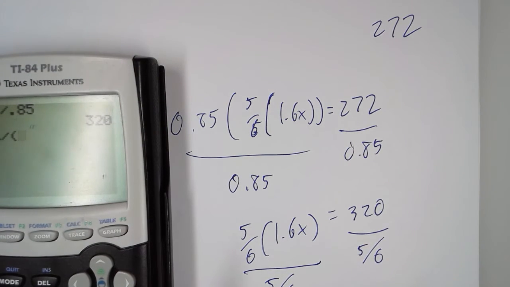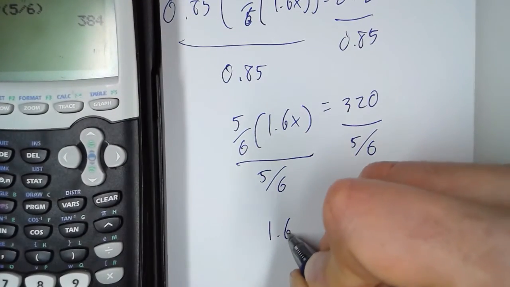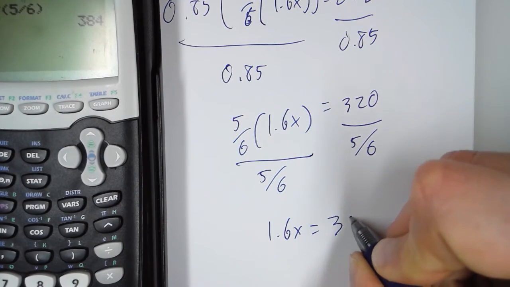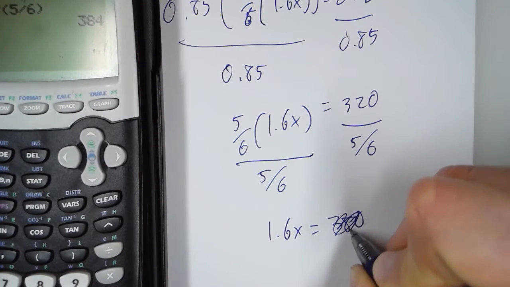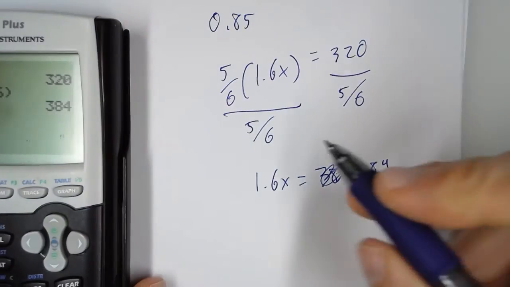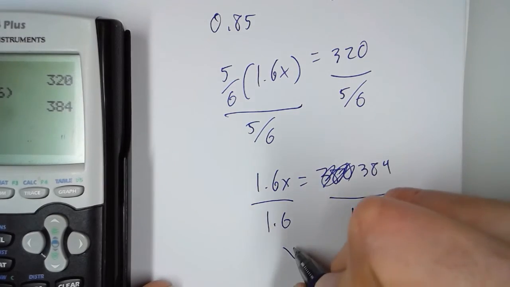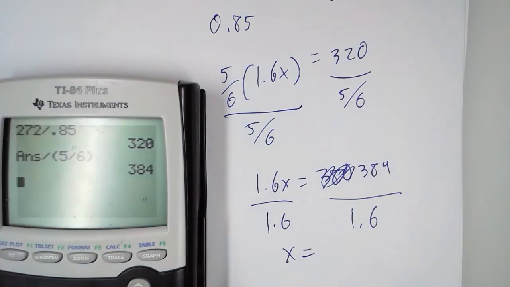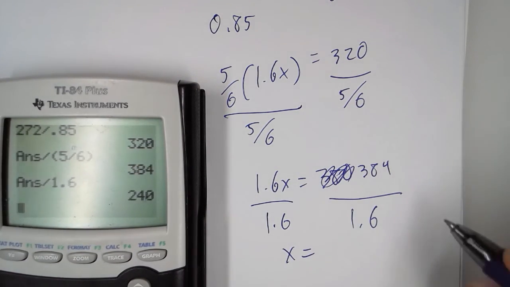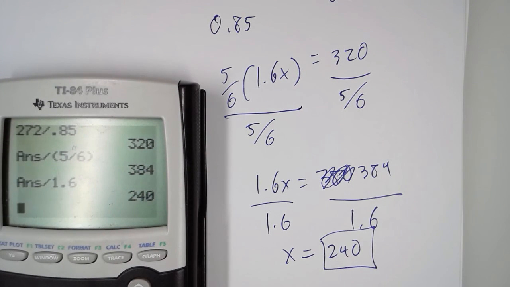So we divide that as a quantity, 5/6. And so that means 1.6x equals 384. And then finally, we have to divide everything by 1.6 to get x by itself. When we do that, we get 240. There's our answer, and we're done.